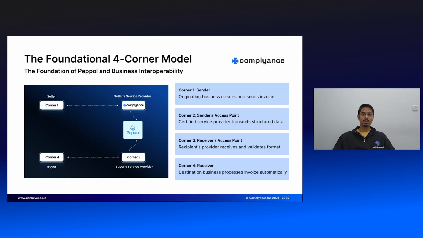The buyer's access point converts it into a favorable format for the buyer and sends it automatically through API integration or manual sending, whatever agreement they have had. In this way, this simple four-corner model was implemented across the globe during the PEPPOL adoption.